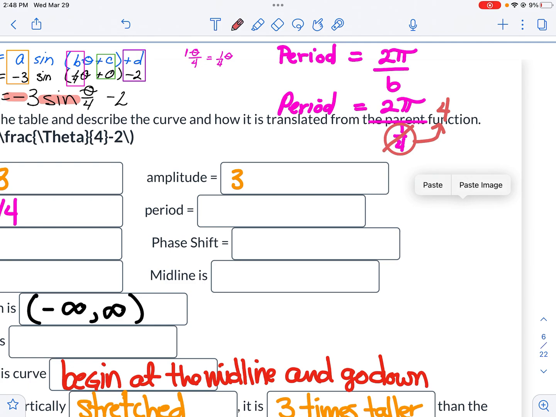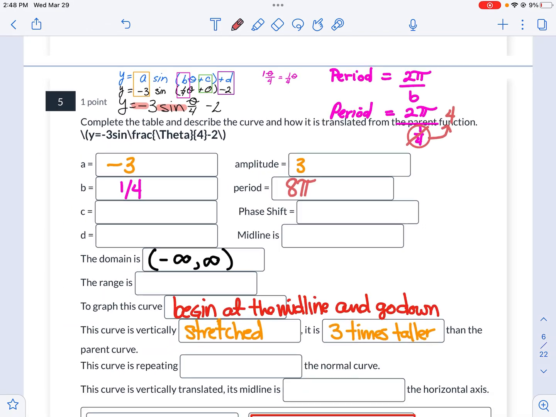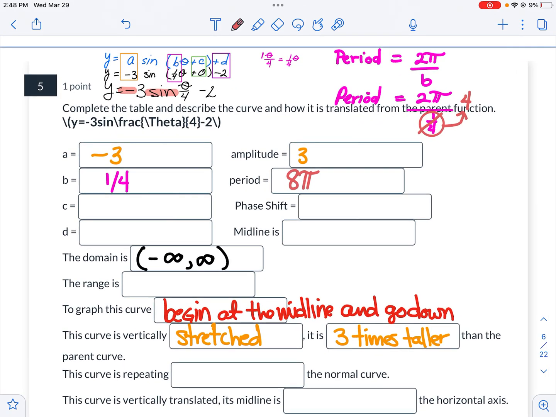So 2 pi times 4 is 8 pi. So the period is 8 pi.